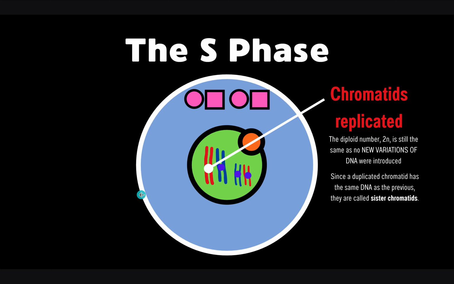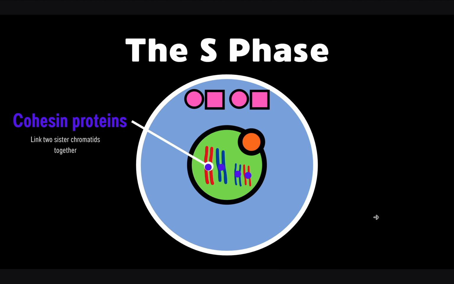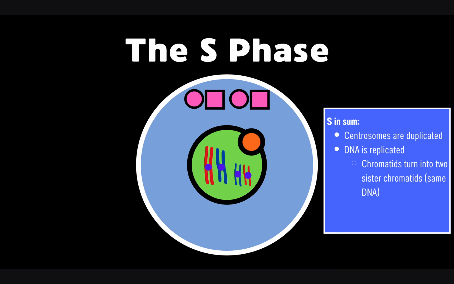And when a duplicated one and the original are both together, they're called sister chromatids because they're basically twin sisters. And what's holding them together is called cohesion protein, and they basically link the sister chromatids together. They become more vital later on. So basically in the S phase, the centrosomes are duplicated, the DNA is duplicated, and those chromatids turn into two sister chromatids.